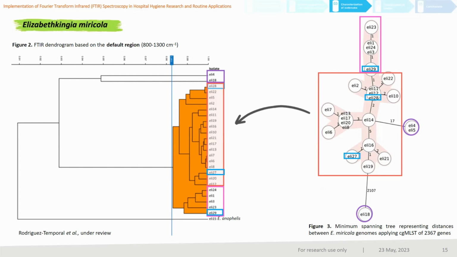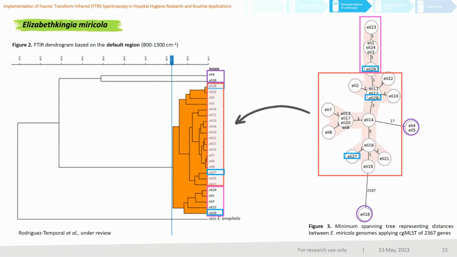When comparing FTIR spectroscopy with whole genome sequencing, we observed one discrepancy, which was strain number 5. While FTIR classified it as a part of the outbreak, sequencing indicated it was unrelated.